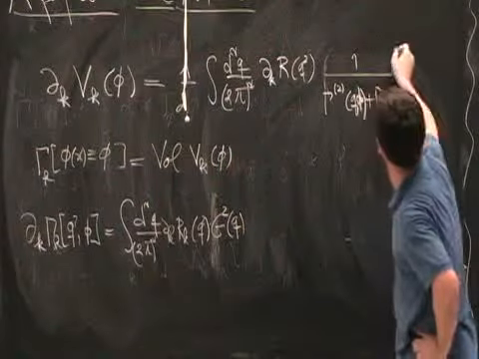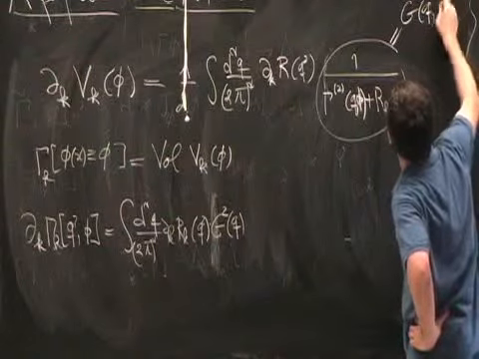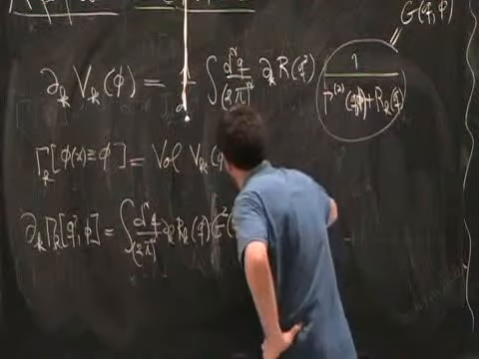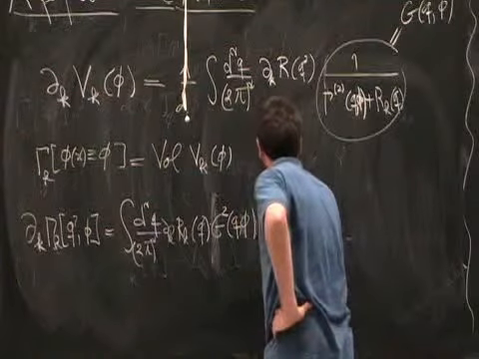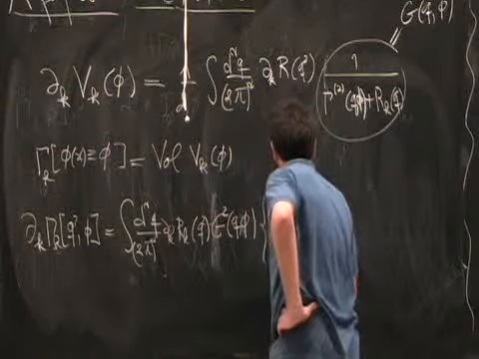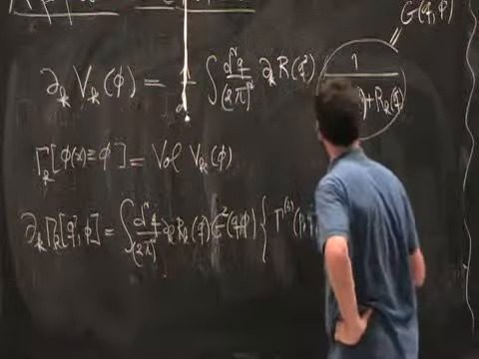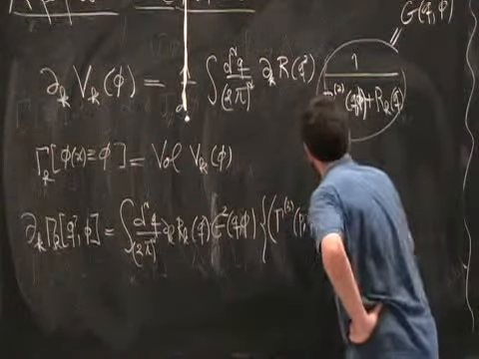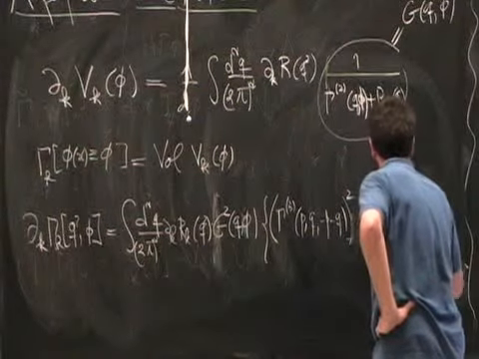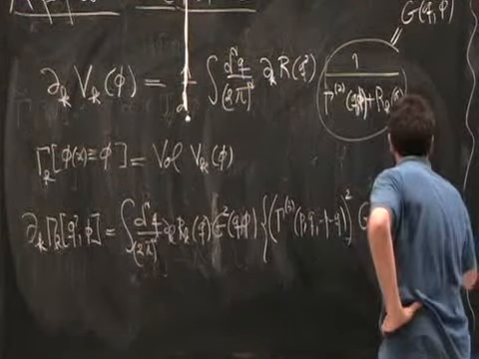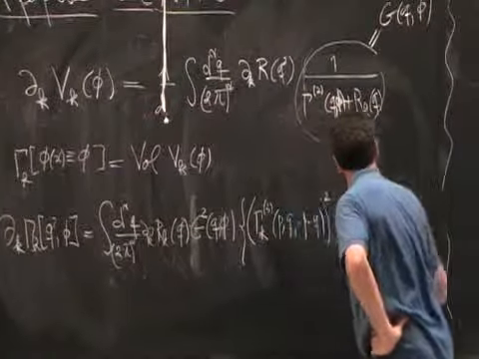G is just this expression. I will call it G of Q. Okay? So it takes this form, gamma 3 of Q squared G of Q minus 1/2 of gamma 4.